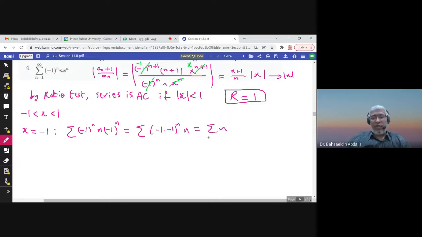So in fact, the series is summation of n from 1 to infinity. And this series is divergent by test for divergence, since the limit of a n, which is n, when n goes to infinity, is infinity.